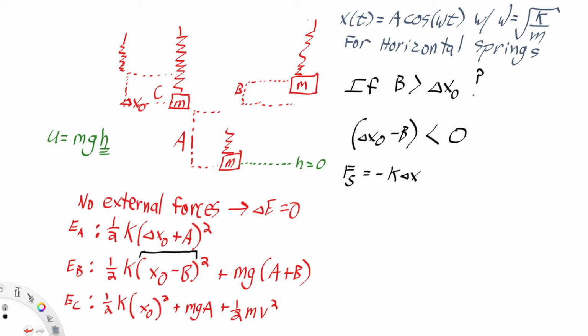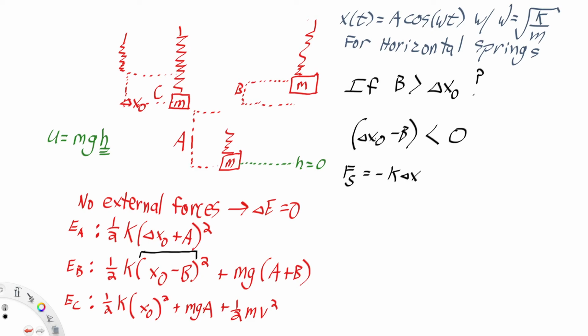And what does it mean if delta x is positive or negative? That's exactly right. If delta x is negative, the spring is being compressed, and if delta x is positive, the spring is being extended. And we're allowed to do both with the spring. We're allowed to stretch them and we're allowed to compress them.